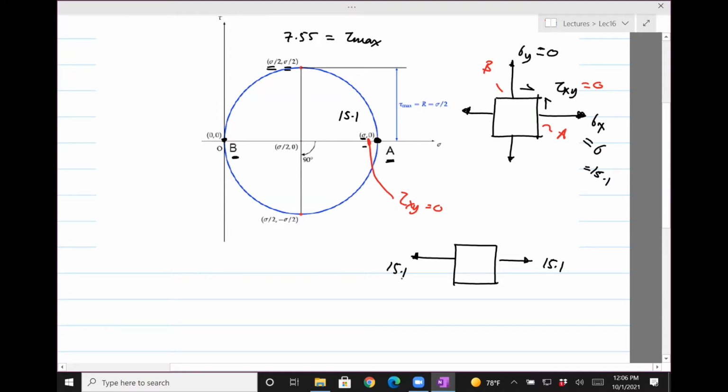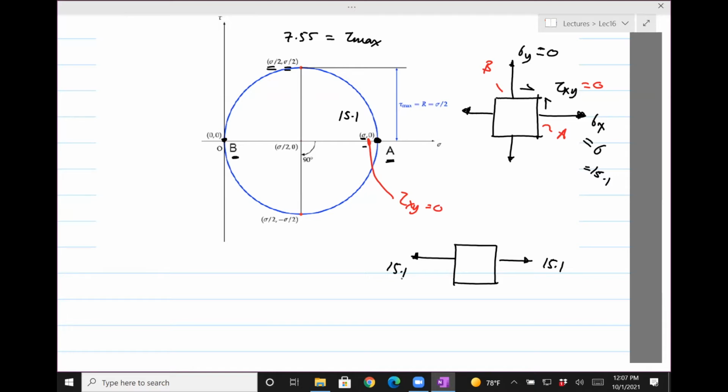Hold on. Shouldn't that be inward, right? Okay. Let me check the solution. I have it right here. Okay, that solution doesn't correspond to this figure.